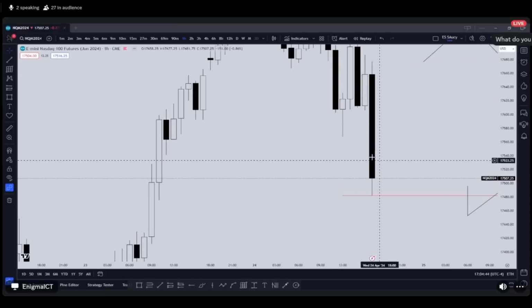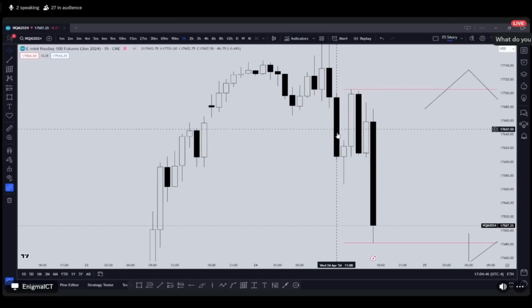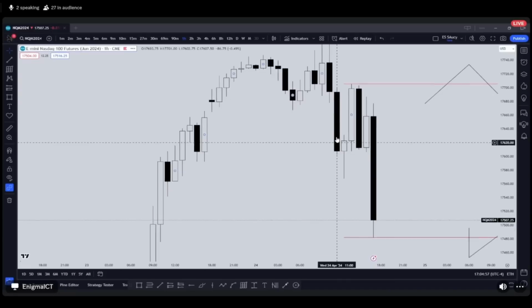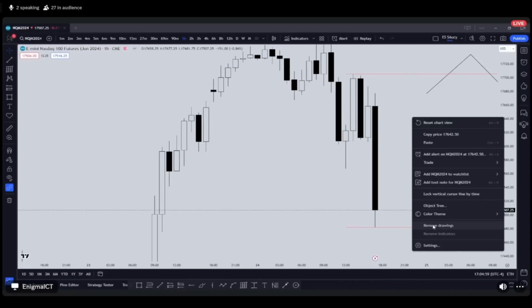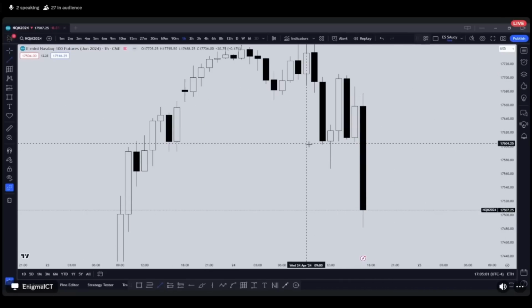So ranges again, right? How do we pick the range we are in? First, we have to identify the previous range, and if there was a body closure on the higher time frame, that indicates that there's a new range formed. So this is the range we are in, and this is a high. This is the low of the candle.